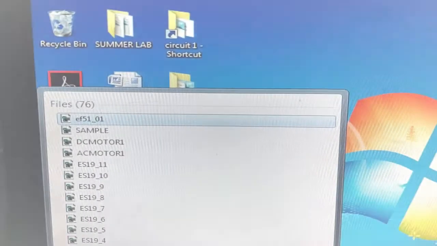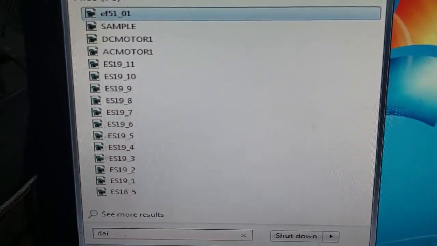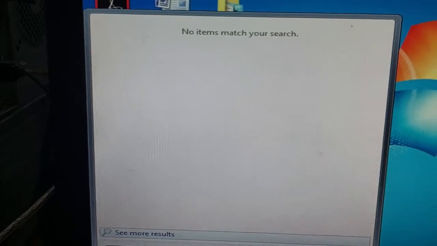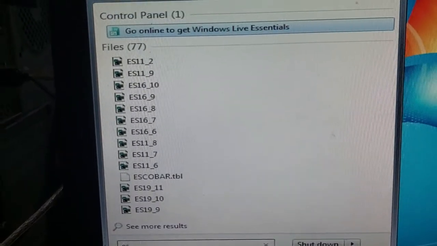Let us now energize our circuit number 2. Like our previous procedure, we will display our ES11-2 and then turn our power supply to 100%.